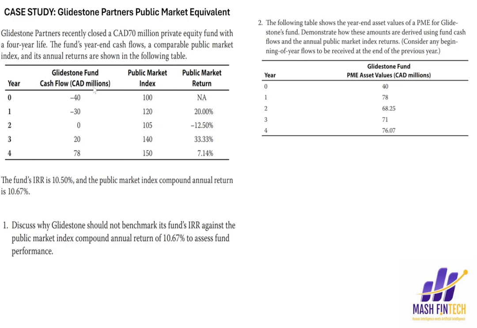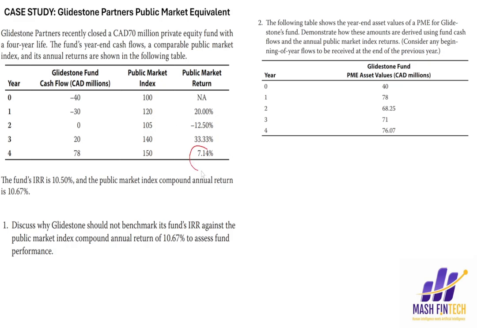You will see that these are cash flows for Gladstone. This minus means money is going out. Here there's nothing, no money going and no money coming in the second year. And then money coming in, money coming in. These are public market index that we are going to use. They calculate the returns here. So these returns are just like returns here. 120 minus 100 over 100, 20%. 105 minus 120 over 120.